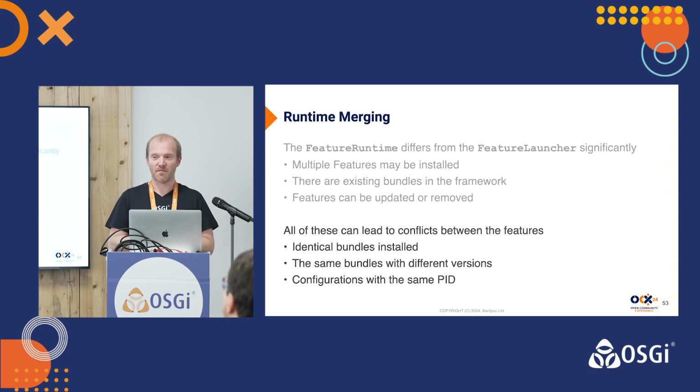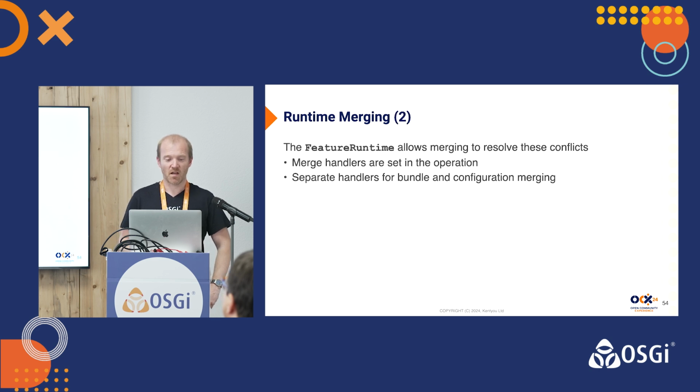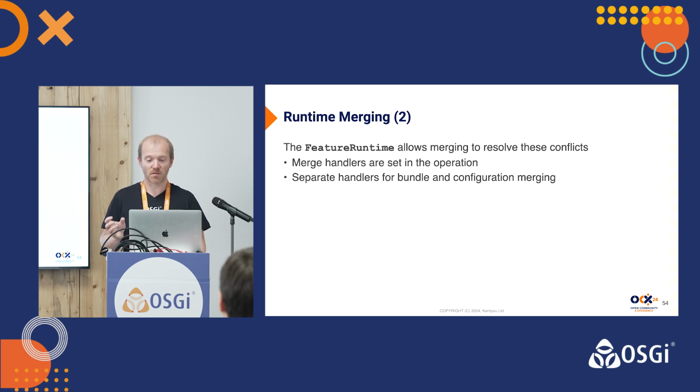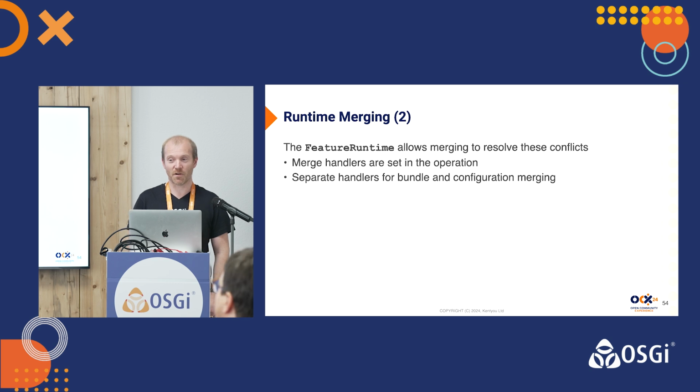All of this results in conflict, and there are different ways of dealing with merging in the feature runtime. We can register something called a merge handler that will be called for every situation that's identified where there is something that may or may not be a merge conflict. There's a separate handler for dealing with bundles and a separate handler for dealing with configurations.